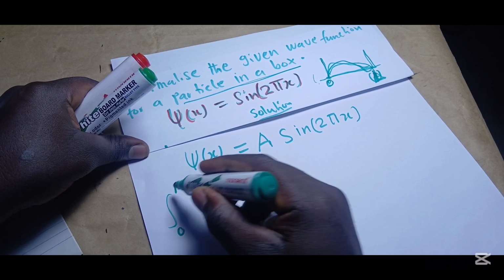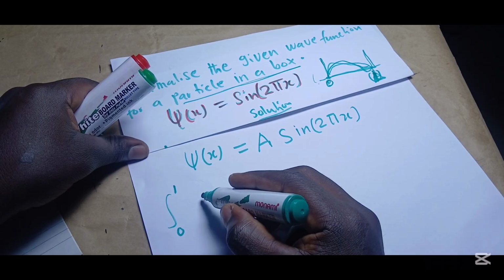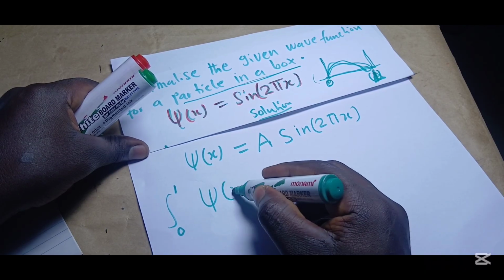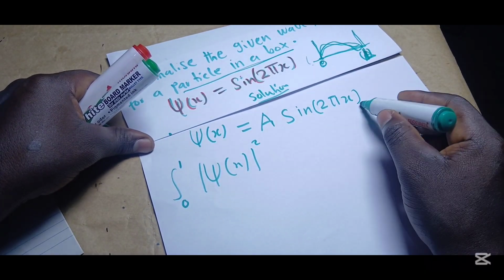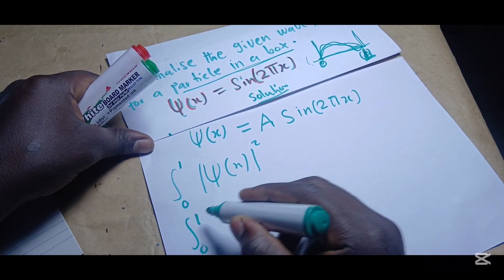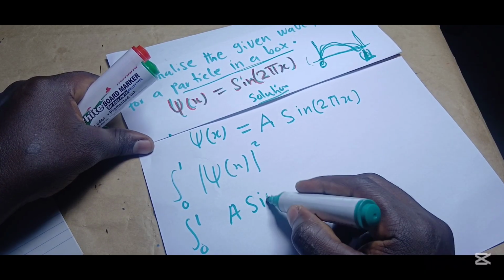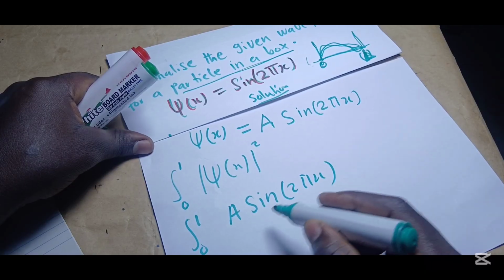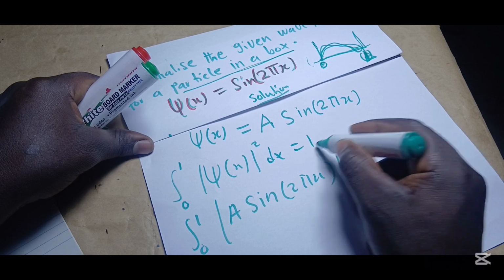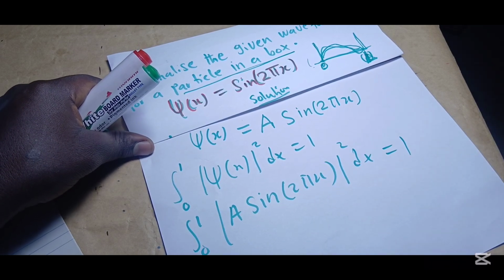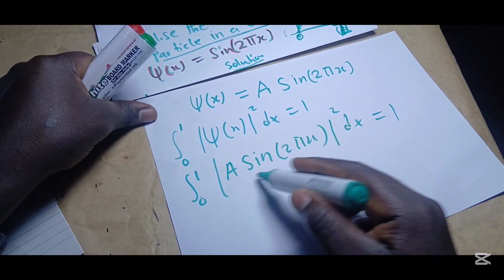So 0 to 1, we are integrating the absolute square of psi of x, and this is the same as that over here. So the integral from 0 to 1 of a sine 2 pi x, all squared, dx should be equal to 1. So now let's simplify the expression.